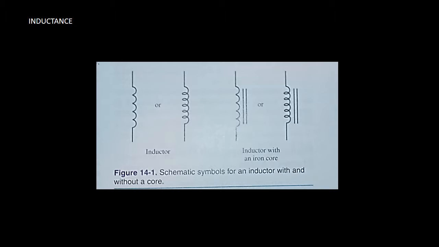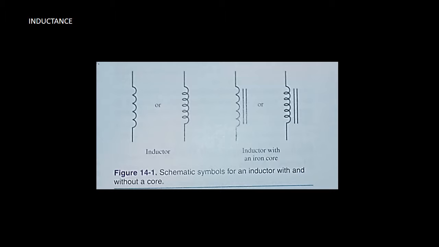A coil of wire has inductance. Some electrical items that contain coils are relays, motors, transformers, radio transmitters, radio receivers, and speakers. An inductor is an electronic component that is used to produce inductance in a circuit.